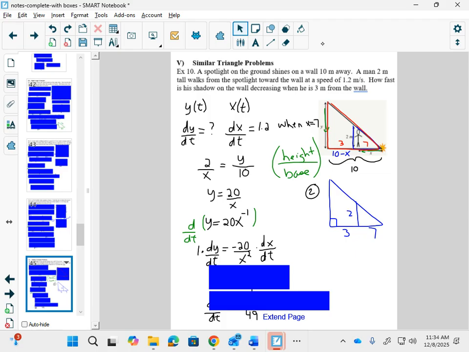And looking at what do I need from my diagrams? Well, I was given dx dt. The only thing I need from my diagrams is my x, which is this value here. In the specific, it's not the 3, it's the 7.